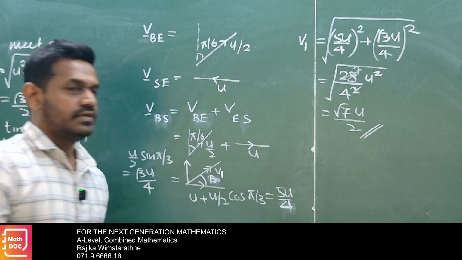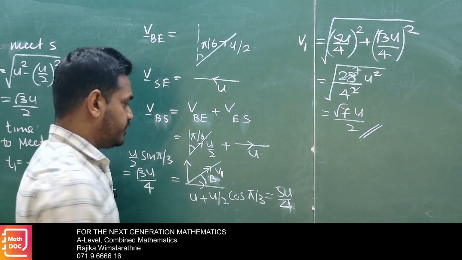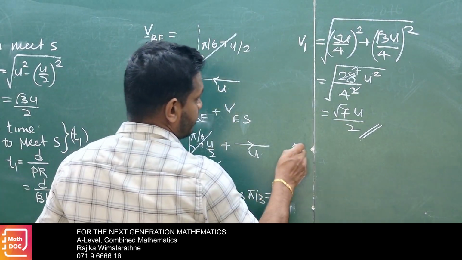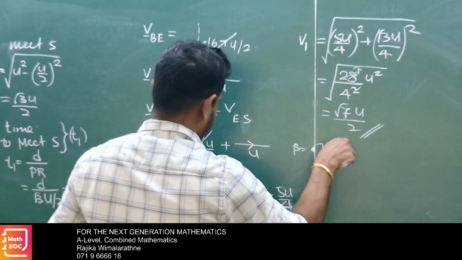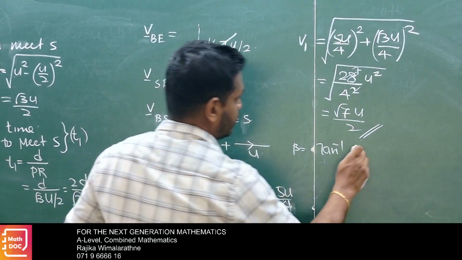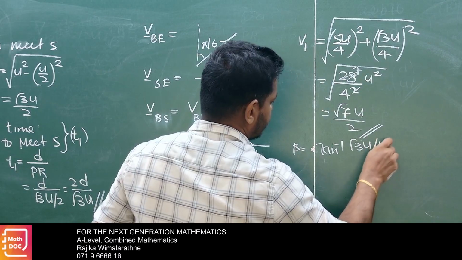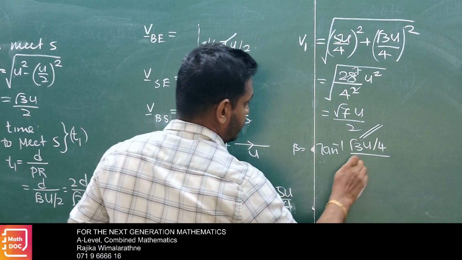Here is the velocity. Now it is better to find angle beta: beta equals tan inverse of root 3 u over 4 divided by 5u over 4.